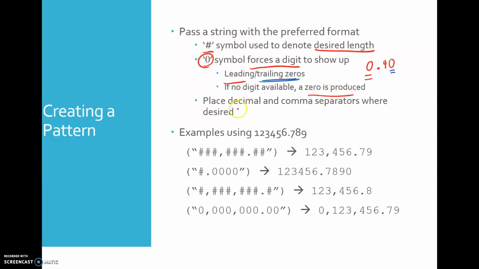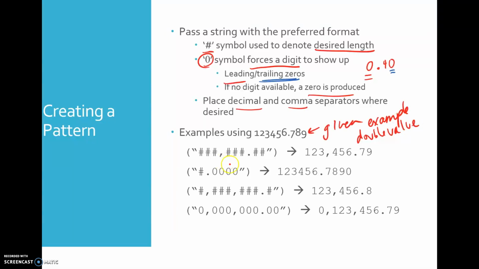We can also put the decimal point, the comma, even dollar signs where we want within this format string. So if you take a look, this right here is the given example double value.